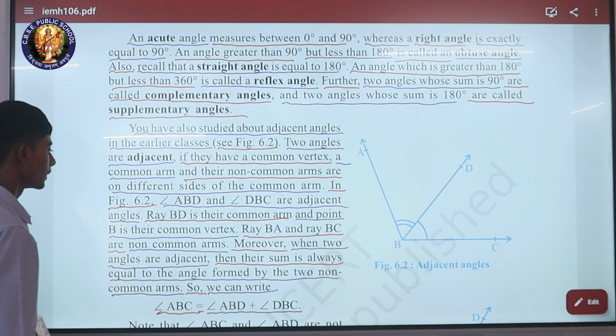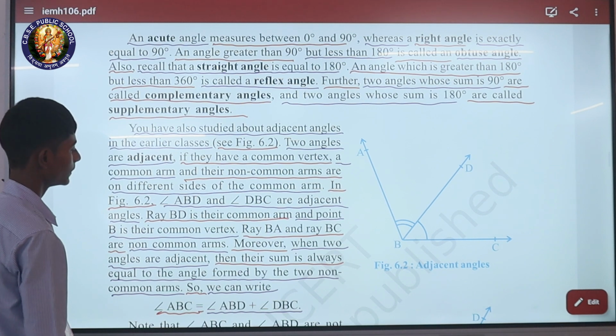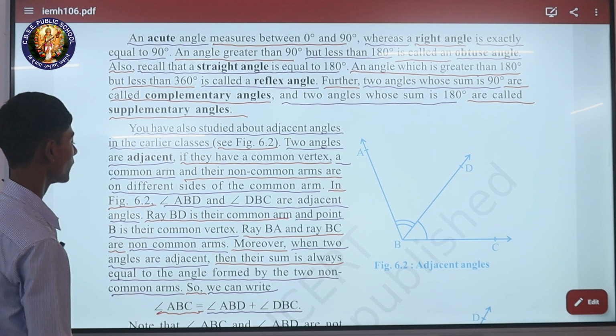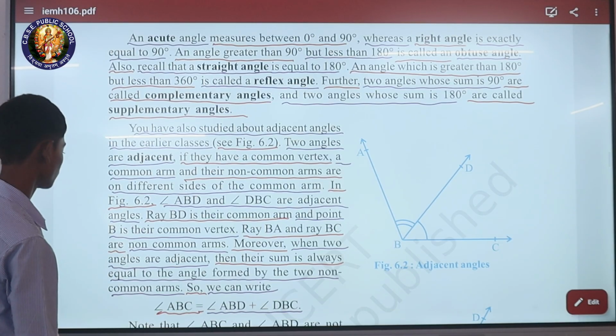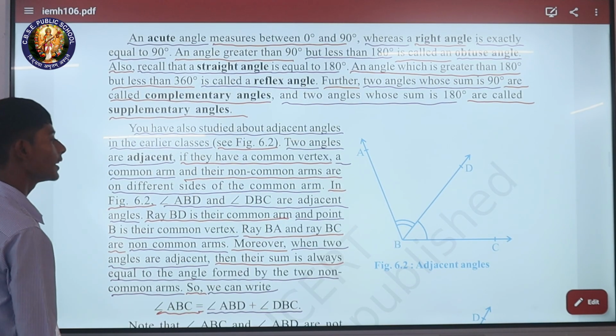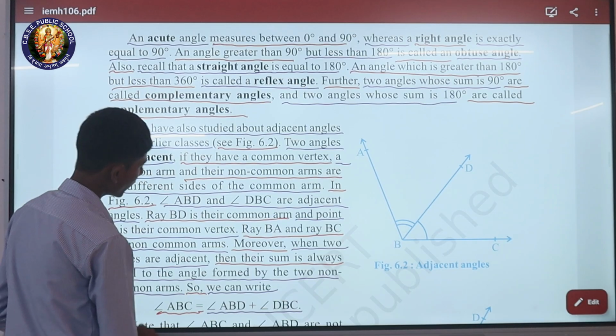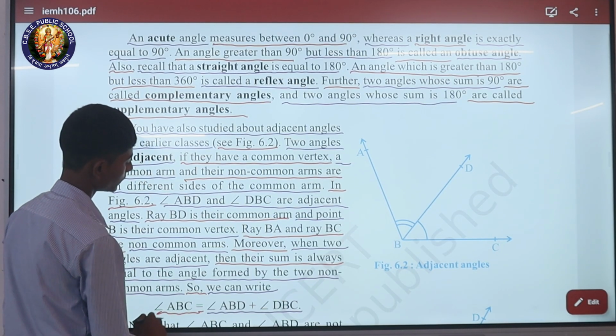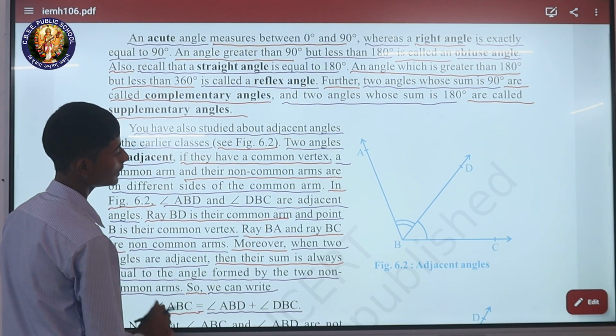Moreover, when two angles are adjacent, then their sum is always equal to the angle formed by the two non-common arms. So we can write angle ABC is equal to angle ABD plus angle DBC.